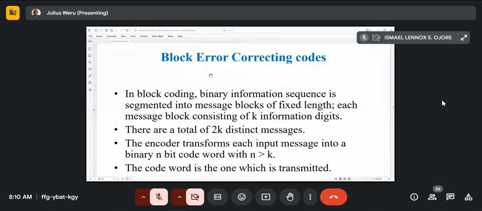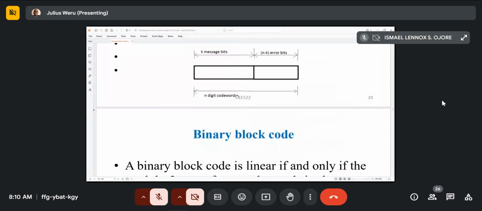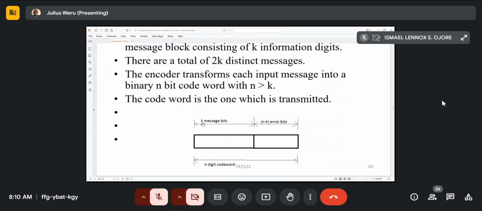Systematic is the one where the first part contains all the message bits and the second part contains the error checking bits, or rather the prefix is the message bits and the suffix is the error checking bits.